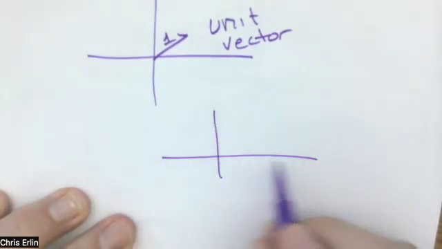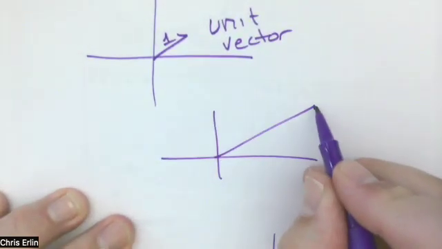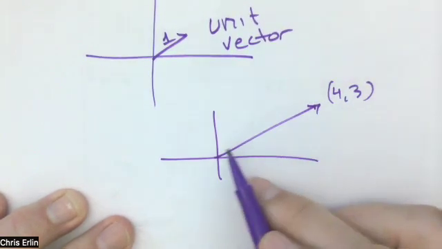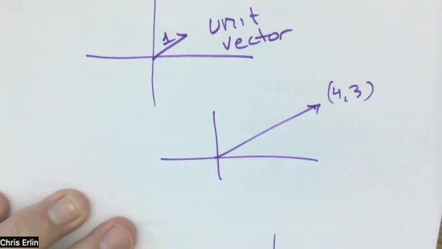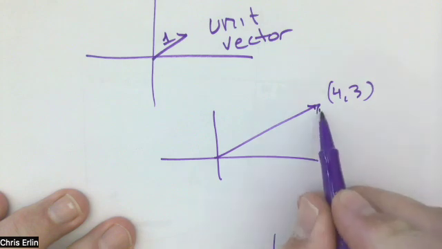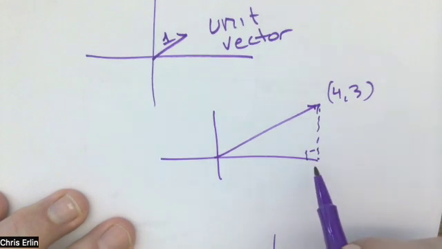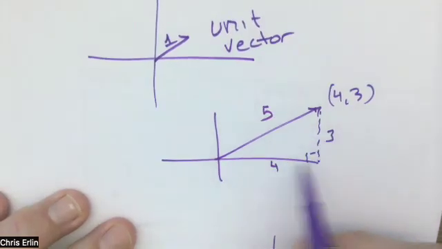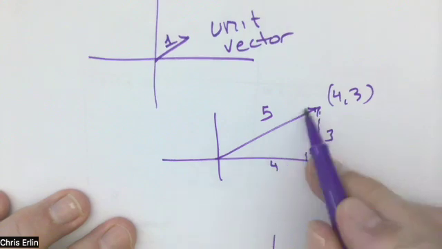And if you think about it, let's say that I had a vector that was up here at the point 4, 3. What's the magnitude of this vector? Five. Thank you. 3, 4, 5 is a Pythagorean triple, so you should remember this is 5.